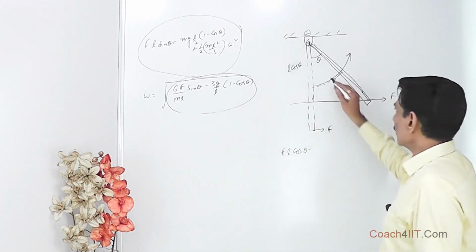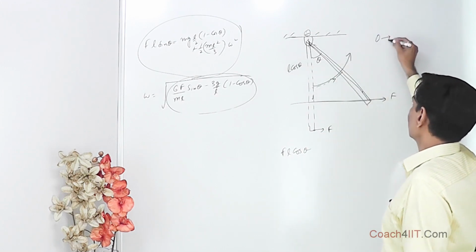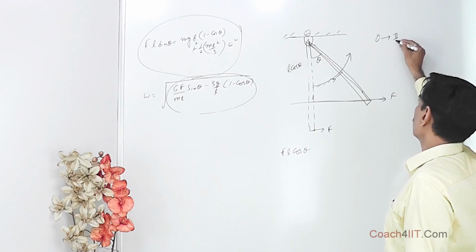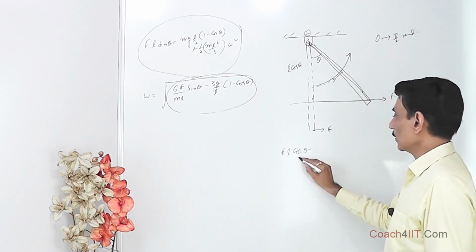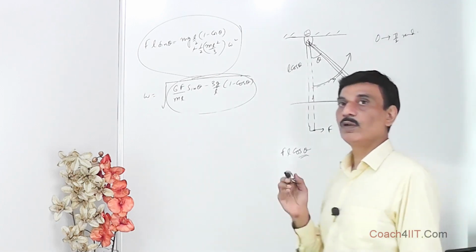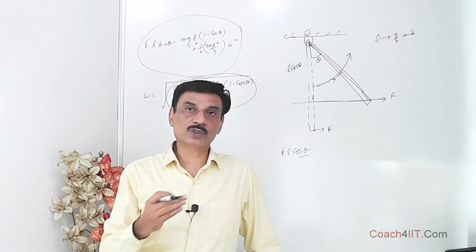As theta goes from 0 to pi by 2 radian, 0 to 90 degrees, the value of cos theta will be reducing, because cos theta reduces when theta goes from 0 to pi by 2.